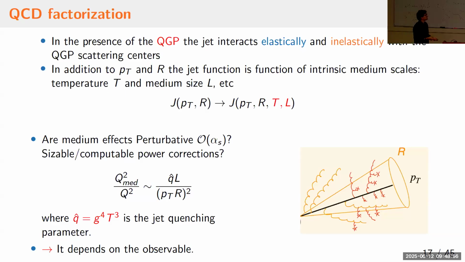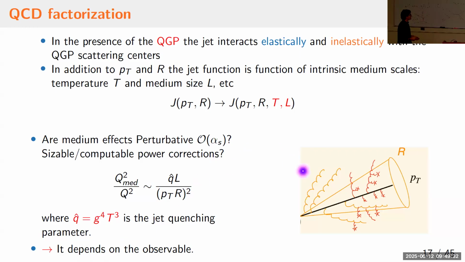And the question is whether we can compute the possibly large power corrections that can be constructed out of medium scales divided by the jet scales, pT R. The typical transverse momentum scale here, which we'll encounter later, is square root of q-hat L, where q-hat is the so-called jet quenching parameter, a transport coefficient which scales like the coupling constant g to the power 4 times the temperature cubed.